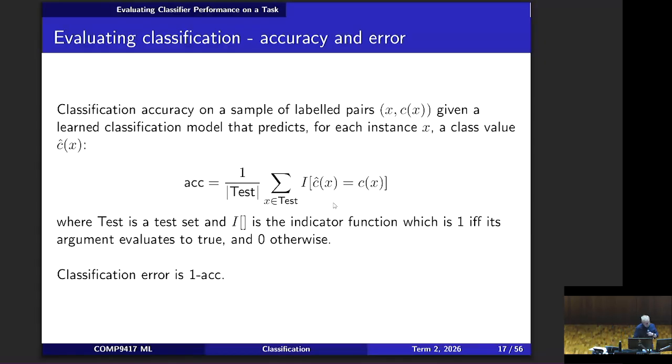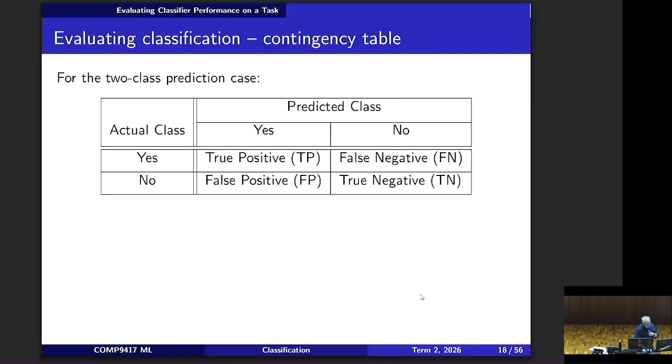To get fully into that is beyond the scope of this course. There's lots of information available about it, and for various applications, you'll need to get into those more complicated metrics. But to set the scene, I just wanted to briefly look at the setting even when we have two classes.